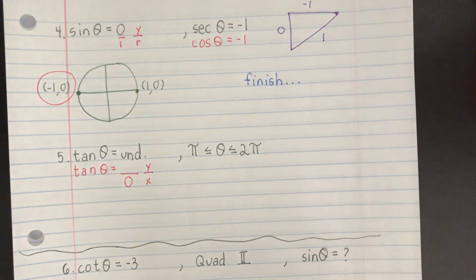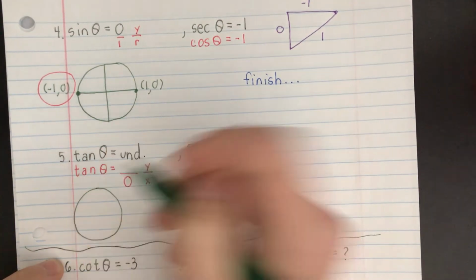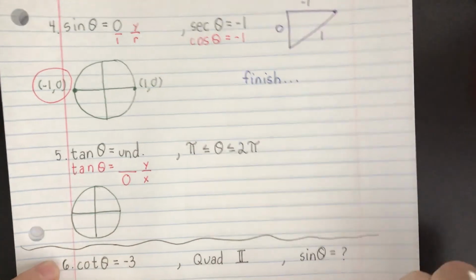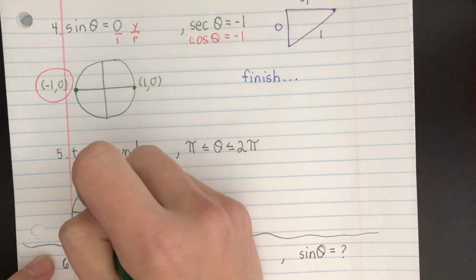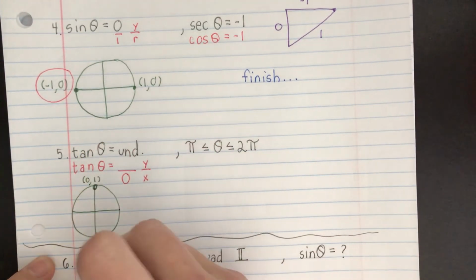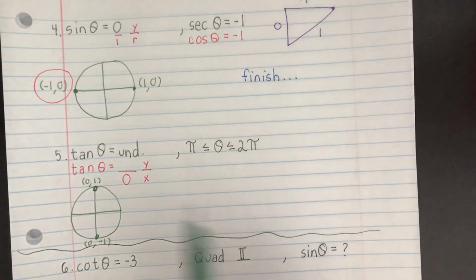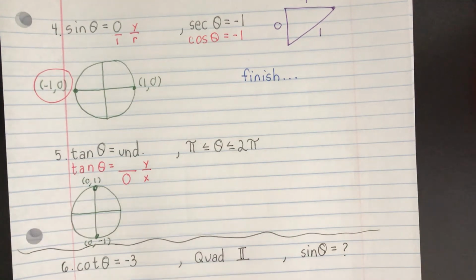All right, so again, we could be talking about the unit circle here. Where on the unit circle do we have x values of 0? Two places: here and here, (0, 1) and (0, -1). Which one are we talking about? Are we talking about where y is positive 1 or where y is negative 1?